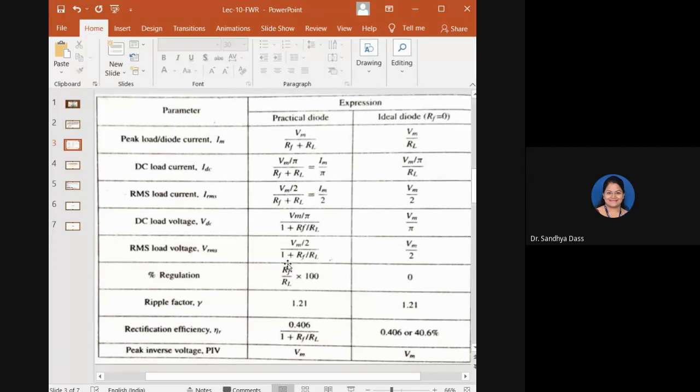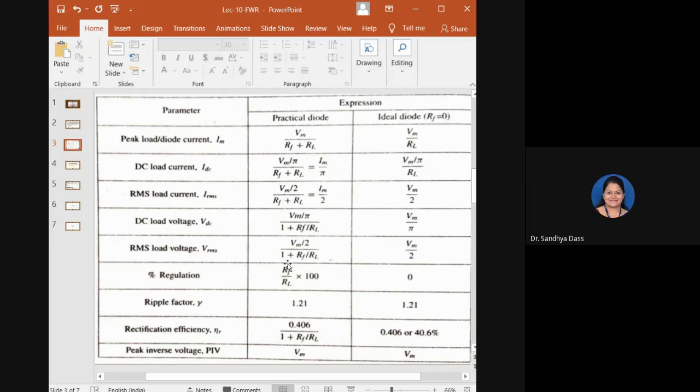The peak load current Im for a practical diode, we derived to be Vm by Rf plus RL, and for an ideal diode, we take Rf equal to 0, so it would be Vm by RL. And the DC load current IDC is Vm by pi by Rf plus RL. For the ideal condition, it is Vm by pi by RL.